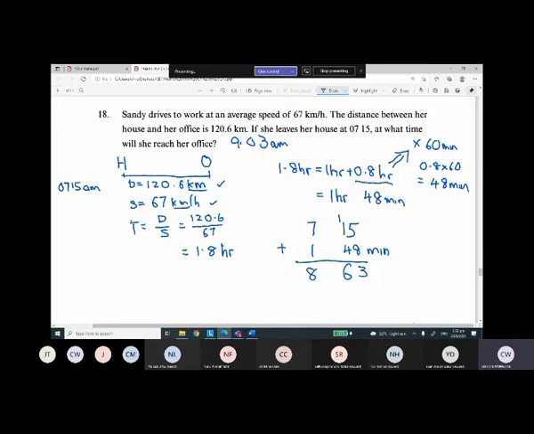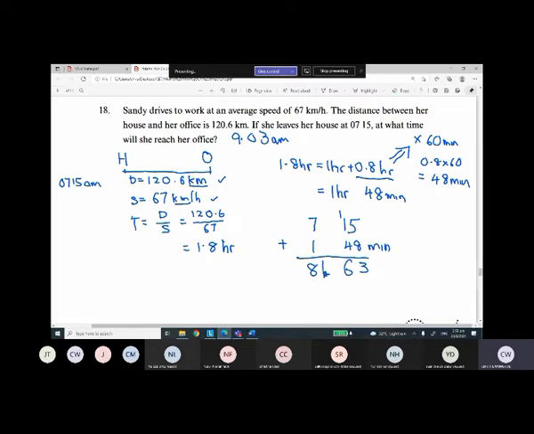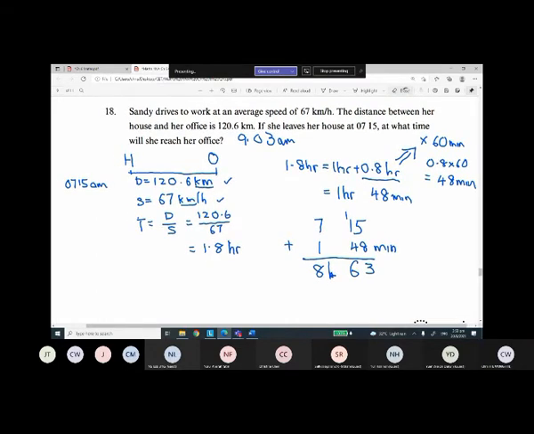So you have 8 hours, it becomes 8 a.m. in the morning, and 63 minutes.